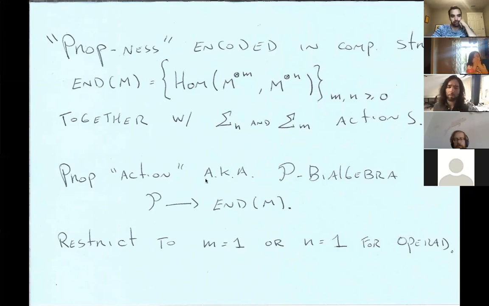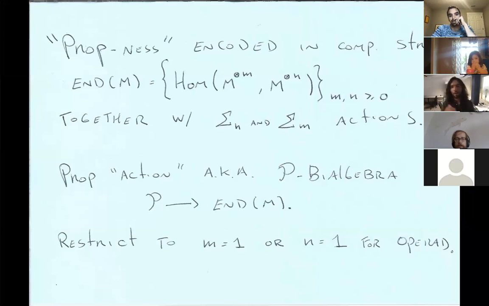Now, the notion of a prop action, or more commonly known as a bialgebra over a prop, is a structure preserving map from the prop into this endomorphism prop for some M. We'll say that M is the one that carries the P bialgebra structure if such a morphism exists, or such a morphism is chosen.